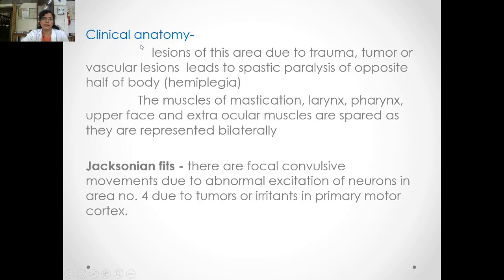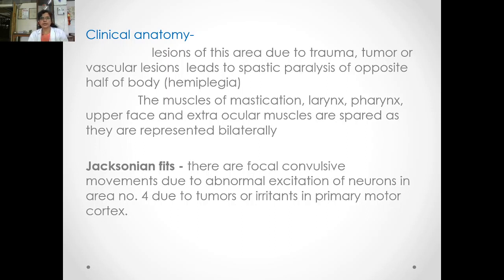Then clinical anatomy of this primary motor area. Lesions of this area due to trauma, tumor or vascular lesions lead to spastic paralysis of the opposite half of the body, that is the hemiplegia, but the muscles of mastication, larynx, pharynx, upper face and extraocular muscles are spared as they are represented bilaterally.